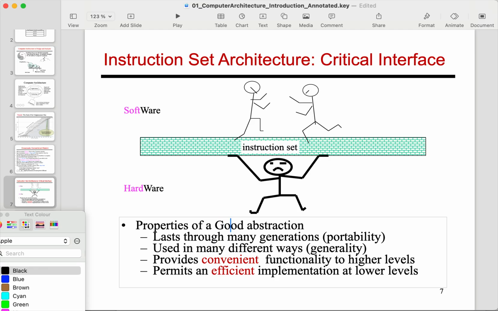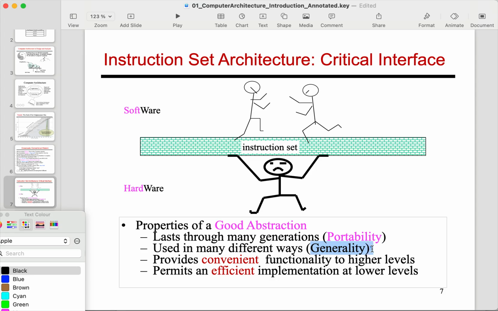Okay, so let's look at properties of good abstraction. It lasts through many generations, so it has portability. It can be used in different ways, so it has generality.